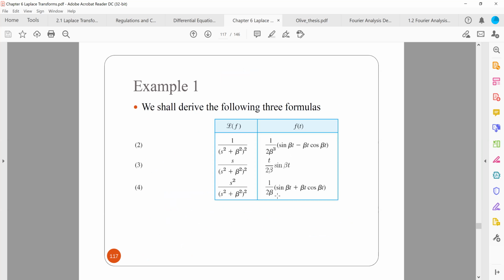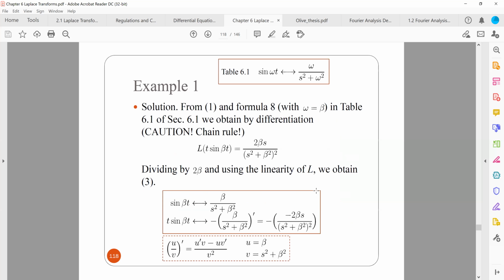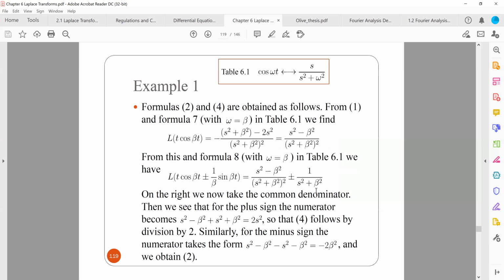If we bring it in, it would be 1 over 2 beta sine beta t plus t over 2 cos beta t. We are going to put these terms together and sum them, leaving out the 2 for now. So we have t cos beta t plus 1 over beta sine beta t. Sine beta t, we know from, again, table 6.1.